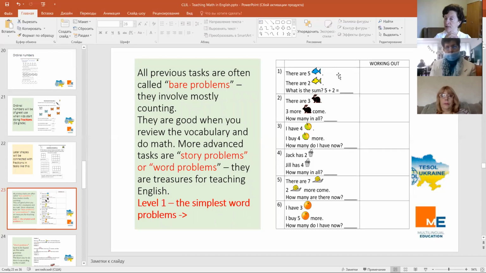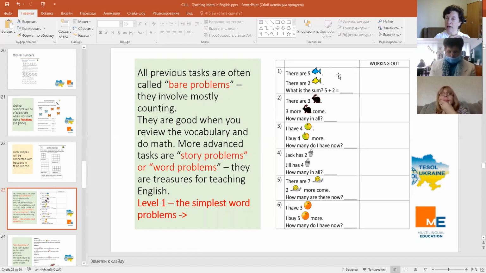And the third structure here will be I have 4 apples, I buy 4 apples more. You see that we have more again. And how many do I have now? This problem is quite easy for the kids of the 1st grade with some training.